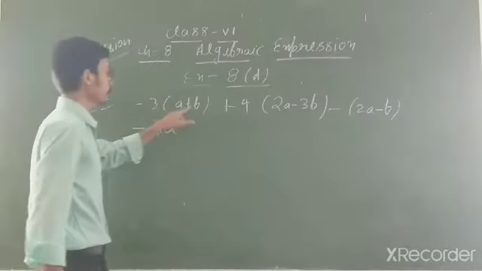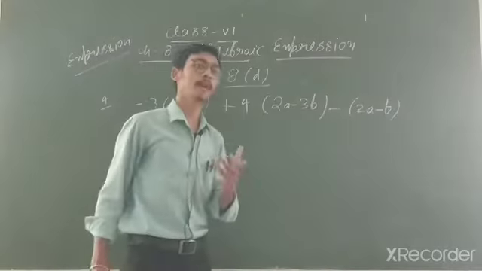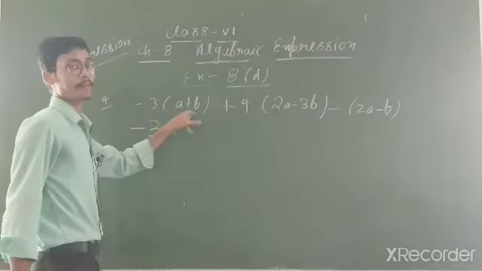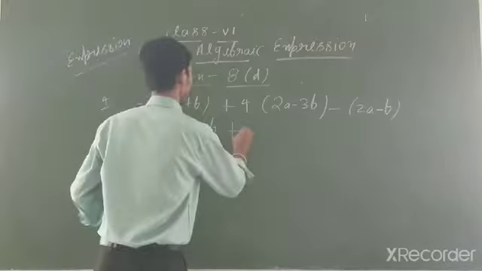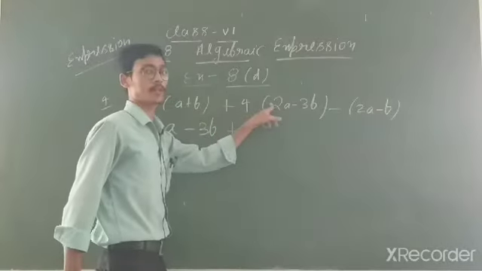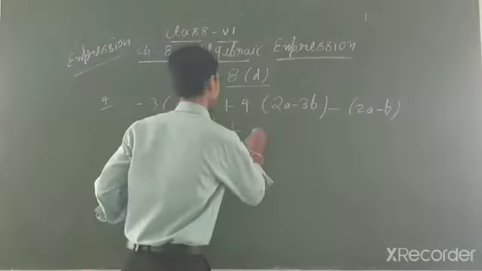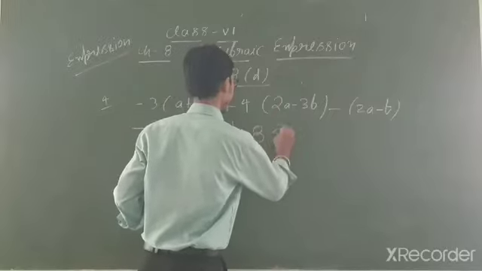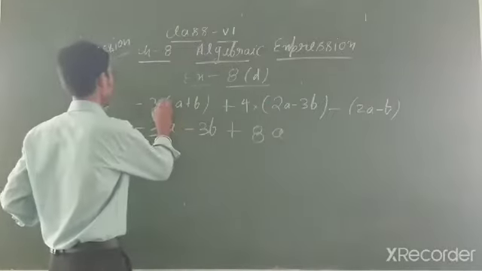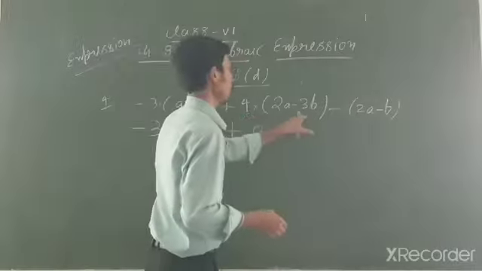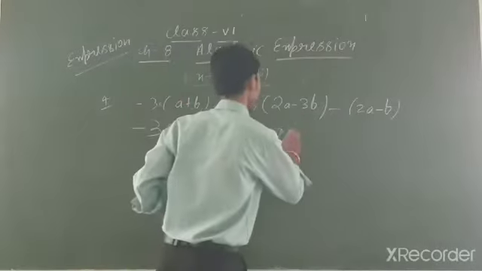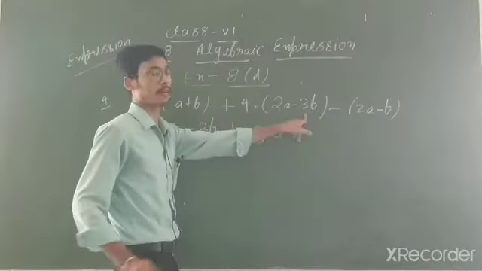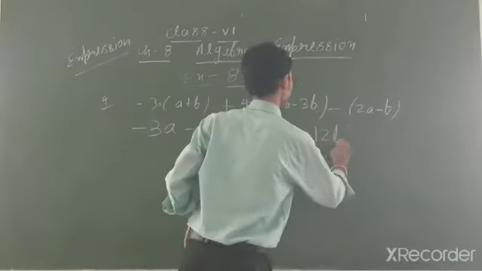Then minus is given, plus is given. So minus plus, student, minus, so -3 multiply by plus b, that is -3b. Plus 4 and plus 2, 4 twos are 8, that is 8a. Now here nothing is given, you know that this is multiply. You know that 4 multiply by what? 3, so 12 and minus plus minus, so write down minus, 4 threes are 12, that is 12b.